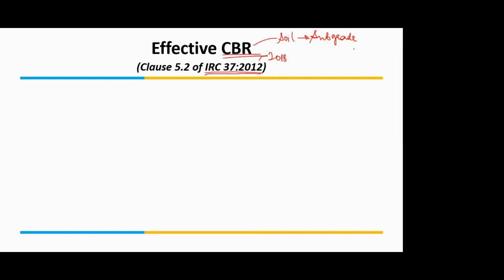In that case we call it borrow area soil. So we know that there is a subgrade, we use soil in it, and we have a CBR value for it. But what is this term effective CBR? That is what we are going to see, and that is what we are interested in.